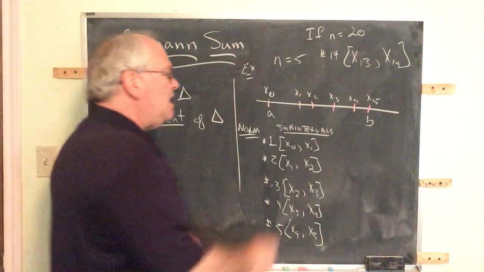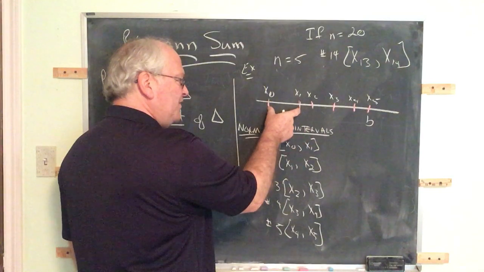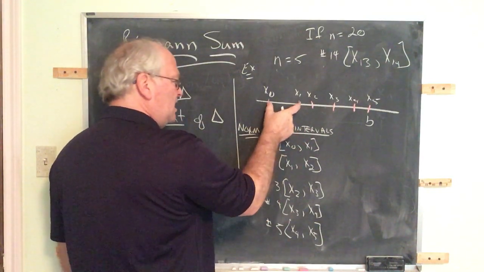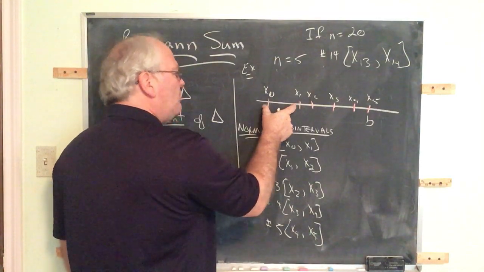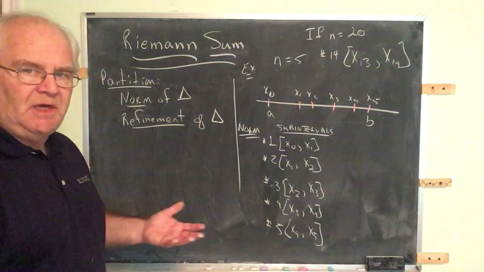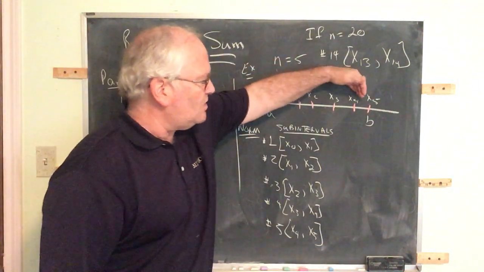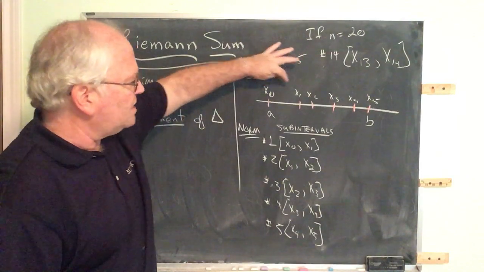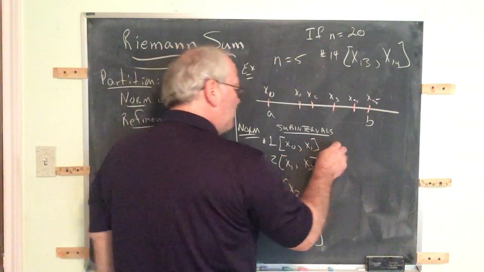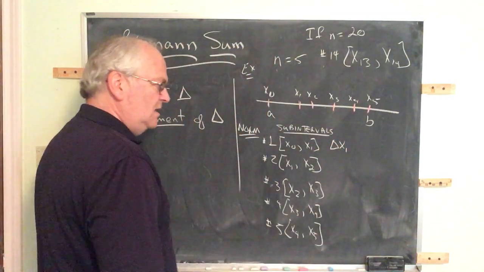Now, each of these has a width, a length of the interval. So the question is, how far is it between x0 and x1? Well, on a number line, you take the larger number, subtract the smaller number, and we don't need to worry about absolute value. Since we're requiring these to be in sequence, we know that x1 is larger than x0, and so the width of this interval, what I'm going to call delta x number 1.